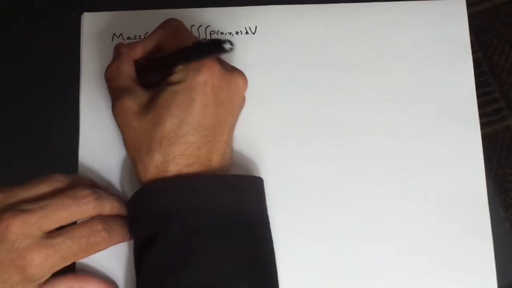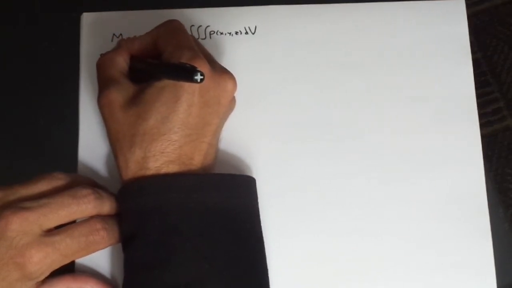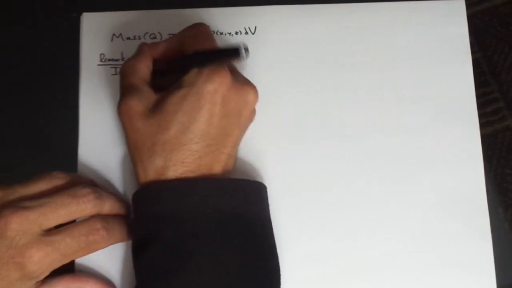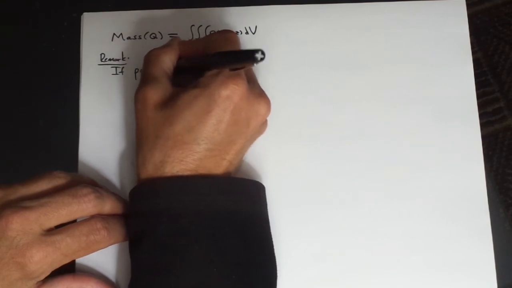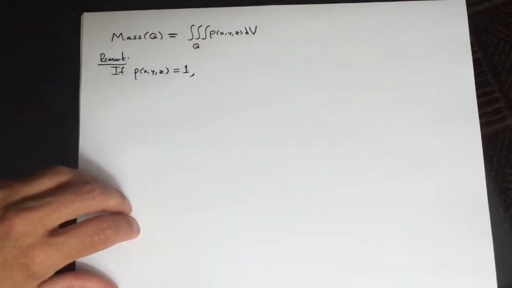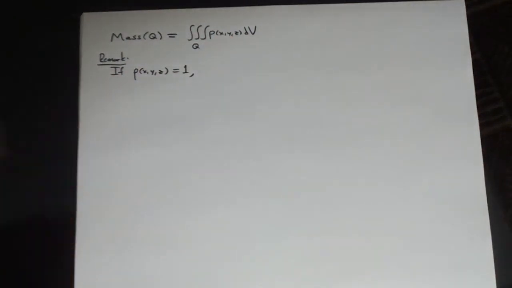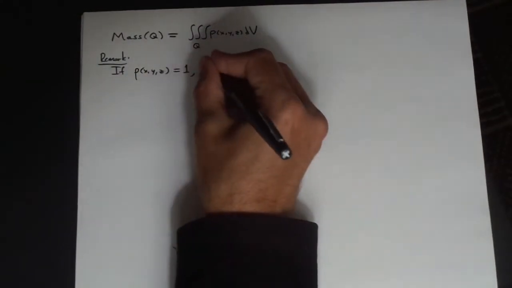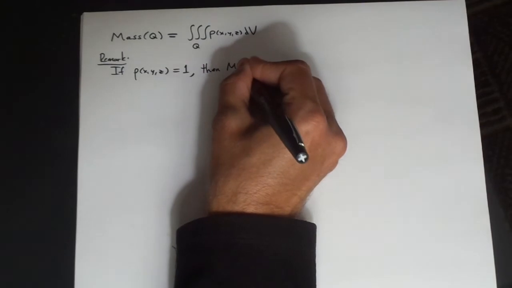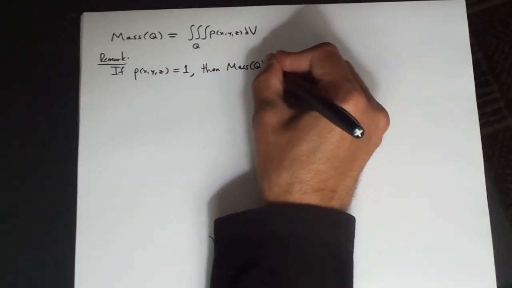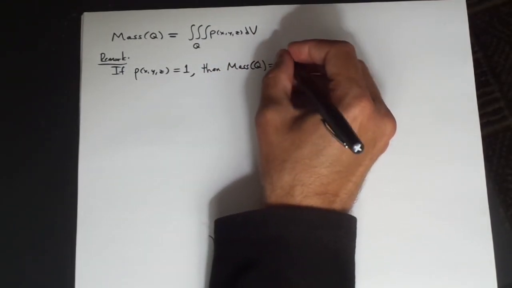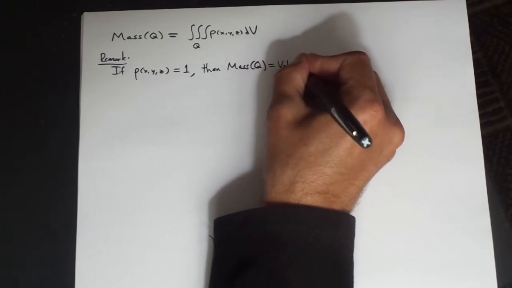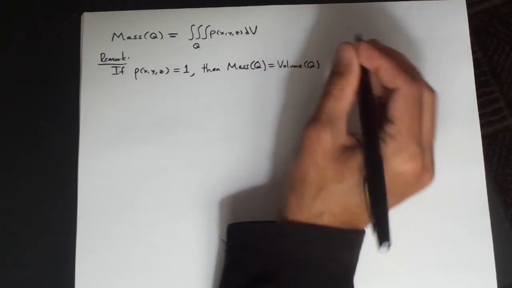However, so I can call this another remark, if the density function is just equal to 1, then of course what's that mean? That means that the mass per volume is equal to 1. In other words, in that case, the mass of Q is the same as the volume of Q, because the density is just 1.